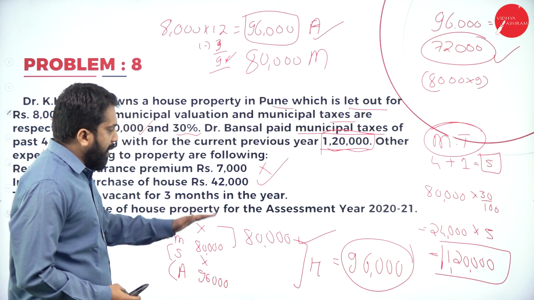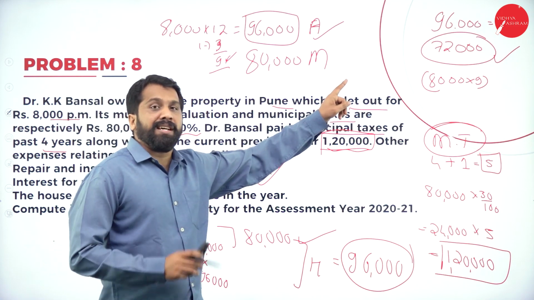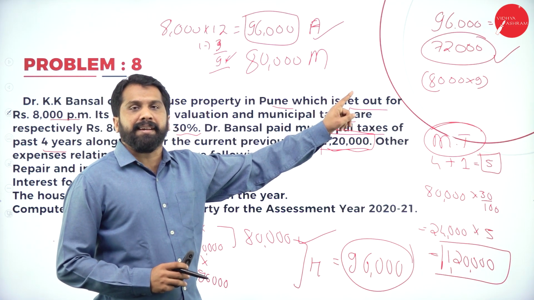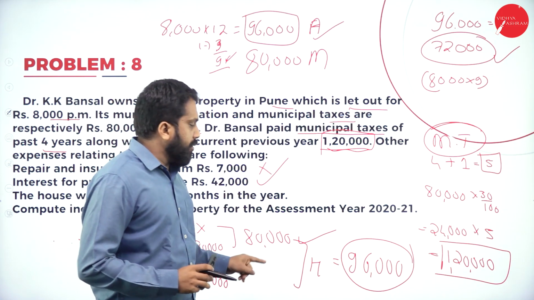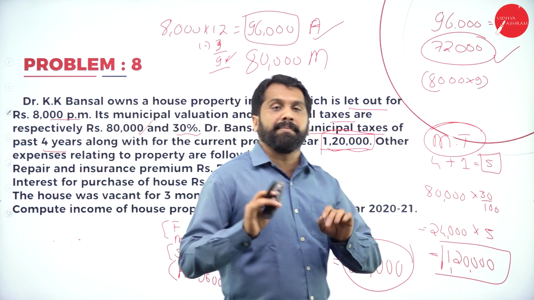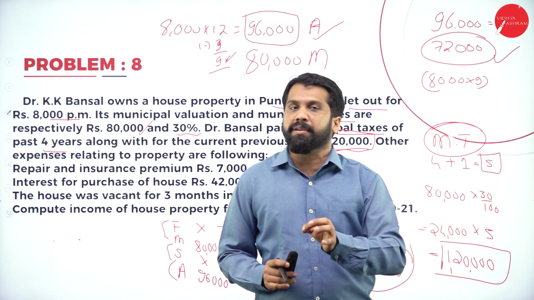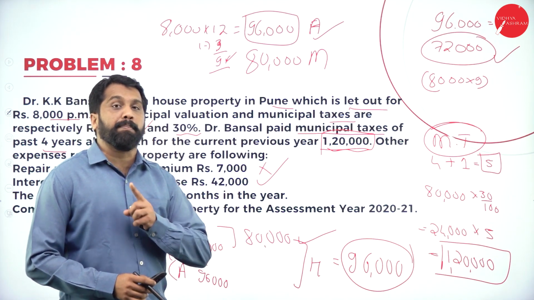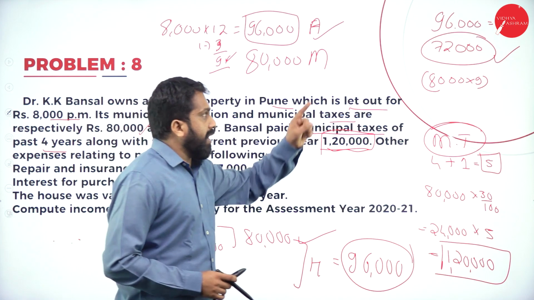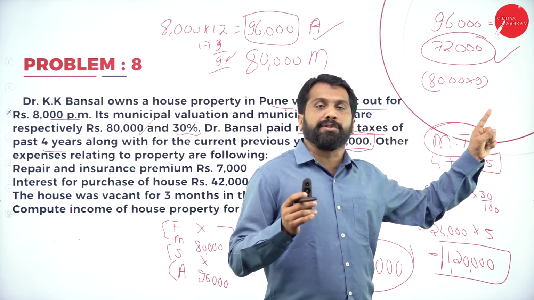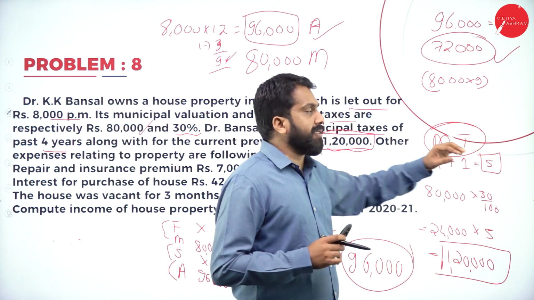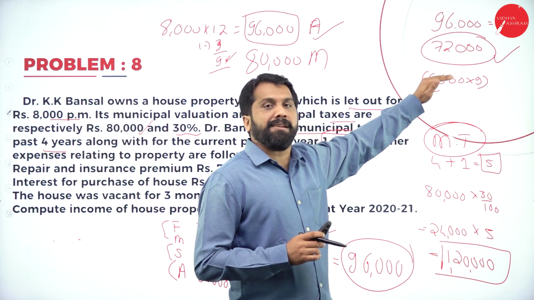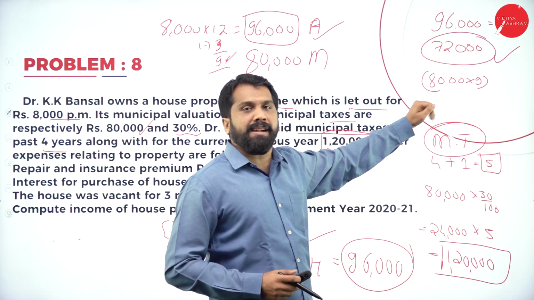For comparison purpose, you should go with complete 12 months rent, but while writing, you should go for only 9 months. Remember, this is very important. For comparison purpose, we should go for complete 12 months, but while writing in your answer, you should go for 9 months. Why? Because 96,000 minus 3 months rent, you will get 72,000.